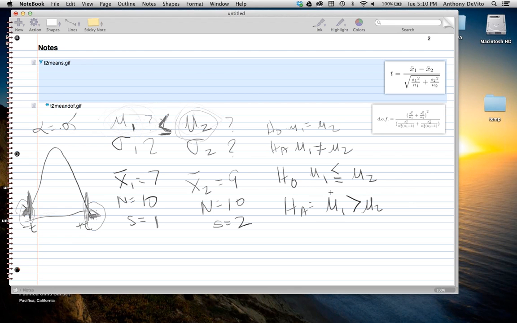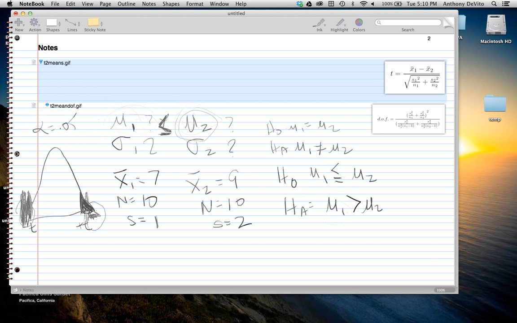Well, since I'm making the assumption to start off with that mu1 is always less than mu2, and I have to prove that it's actually greater than, I'm going to take that bottom part and forget about it. And I'm going to put all 5% at one end.